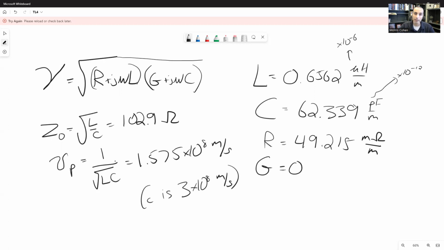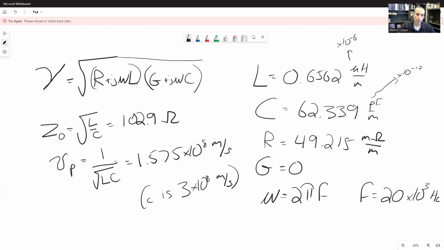So take these numbers and plug them in, and we're going to take omega to be 2 pi f, where f equals 20 kilohertz, so 20 times 10 to the 3rd hertz.